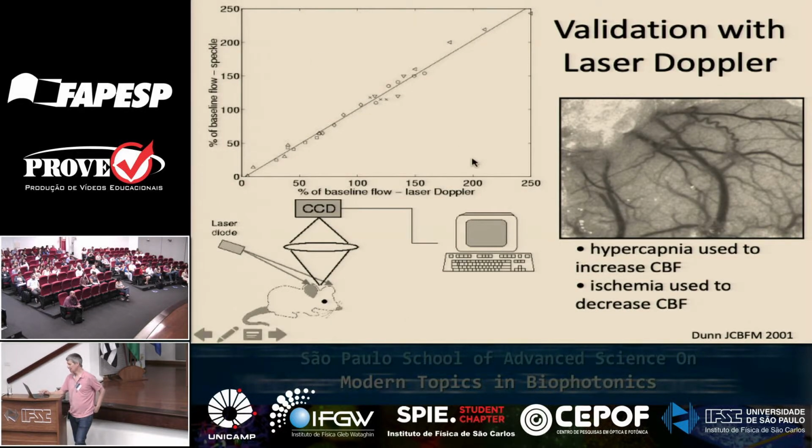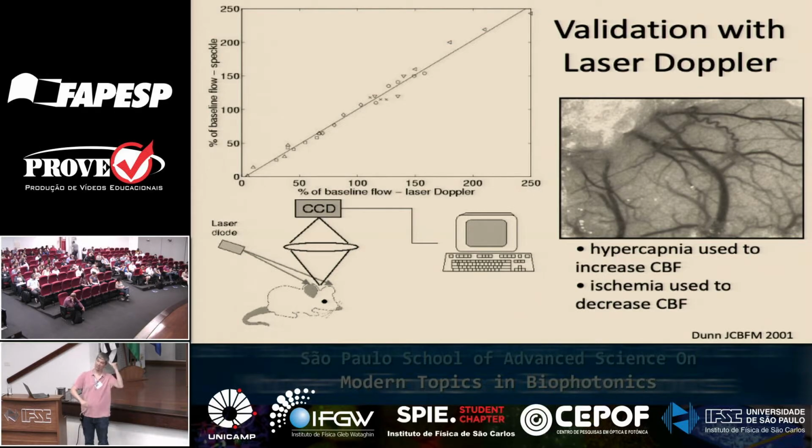We've done validation against laser Doppler blood flowmetry. So this was, yes? Yeah, so typically for all these measurements, you want the coherence length of the light source to be longer than the distribution of path lengths through your sample. As long as that's the case, then all of the photons that you're detecting are going to be interfering with each other.